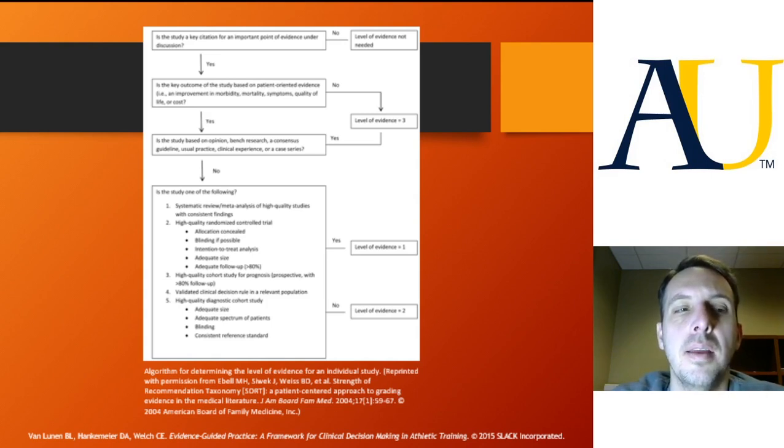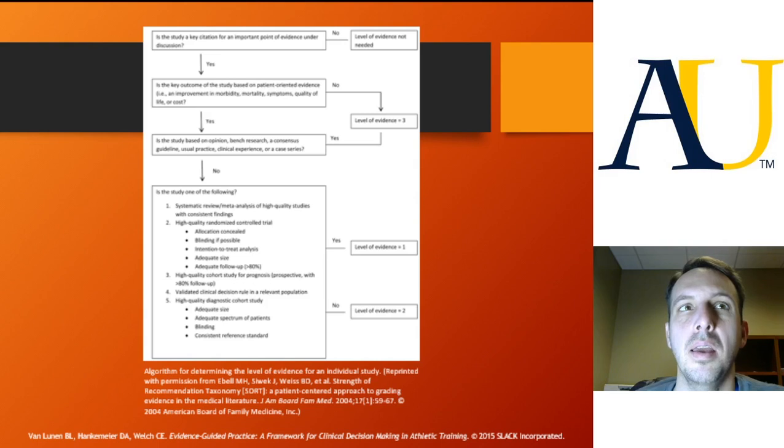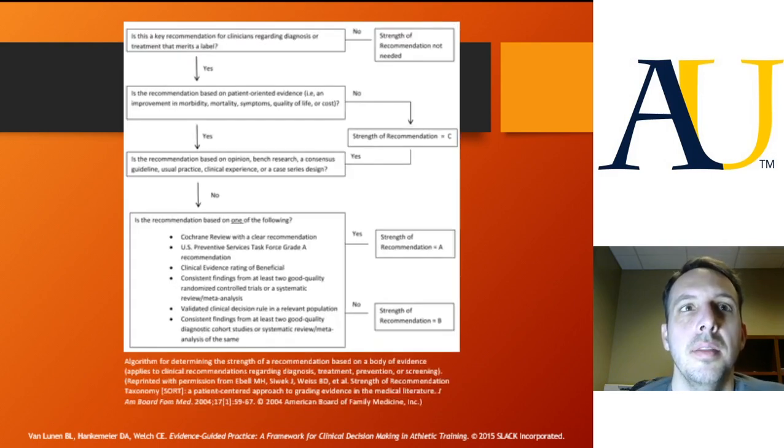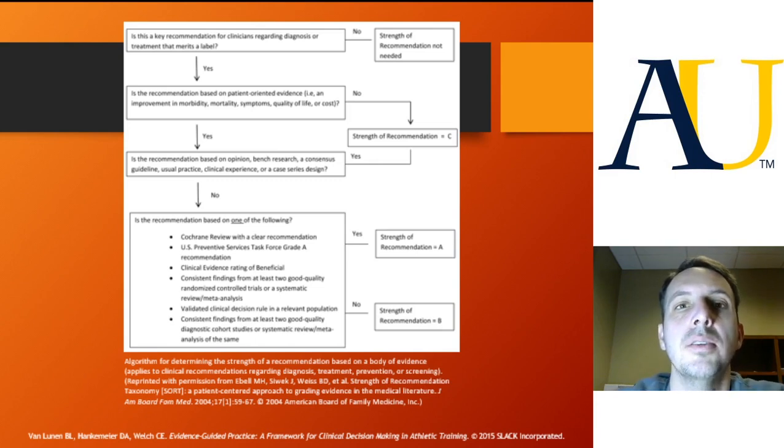Then it goes down and describes what sort of things you would evaluate each research article for in order to decide whether it's high quality or low quality. The same sort of algorithm is created for the grades of recommendation as well, where you can see how each one of those grades of recommendation comes to be.